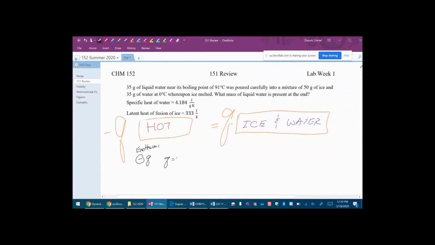So Q equals mc delta T. So Q would be the mass, 35 grams. Specific heat of water is 4.184 joules per gram degrees Celsius. And it goes from 91 to 0, so 91 degrees Celsius.